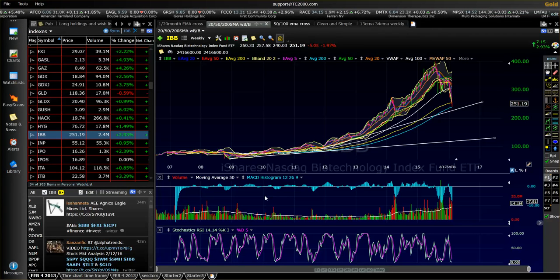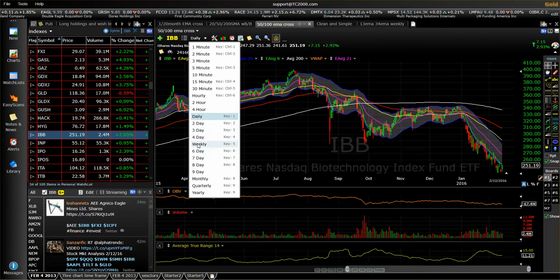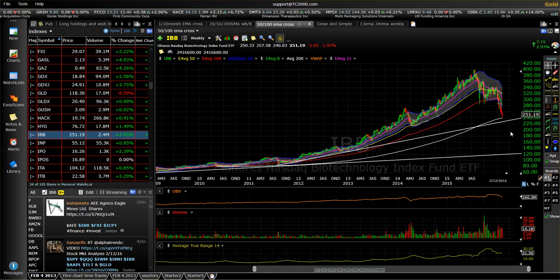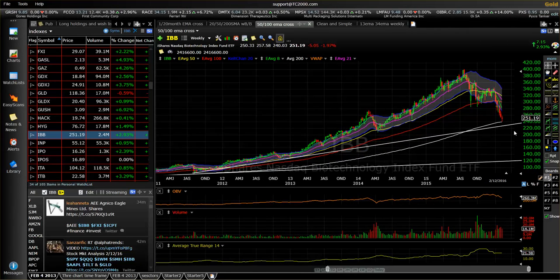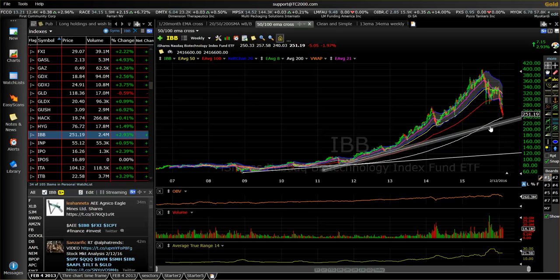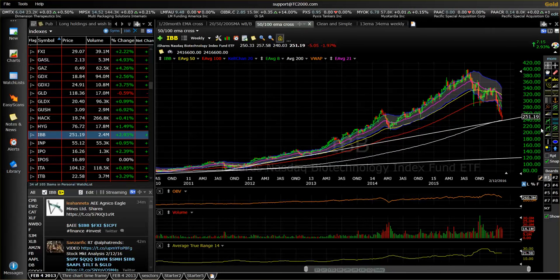Let me go to a cleaner chart here. Back it up to the weekly. Coming up to this trend line here, we had the acceleration or ramp up.